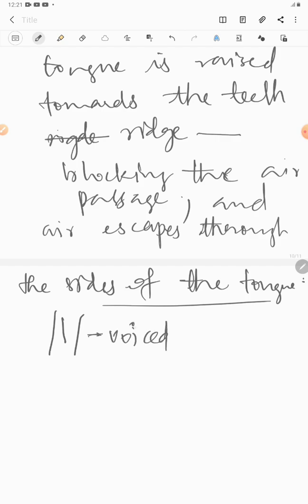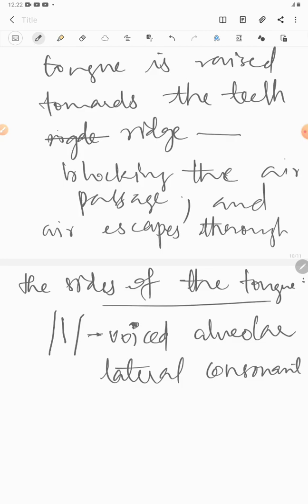Here an exception case comes up. Till now we began with voiceless consonants, but the lateral sound is voiced. Voiced alveolar lateral consonant. So this is the three-term label of l.